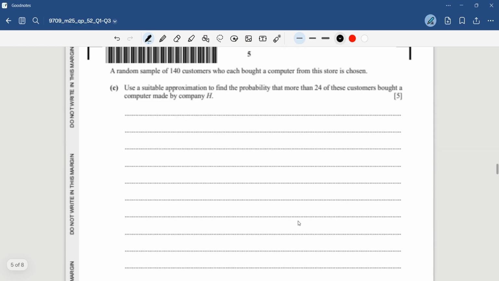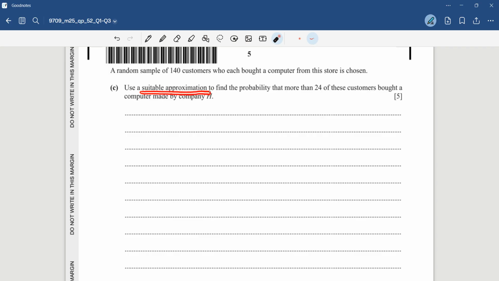It doesn't matter. Okay. A random sample of 140 customers who each bought a computer from this store is chosen. Use a suitable approximation. When the word suitable approximation is mentioned here, what we did just now was a binomial, so this indicates that we cannot use the binomial. We're going to use the approximation. Normally approximation refers to the binomial approximated to the normal distribution.